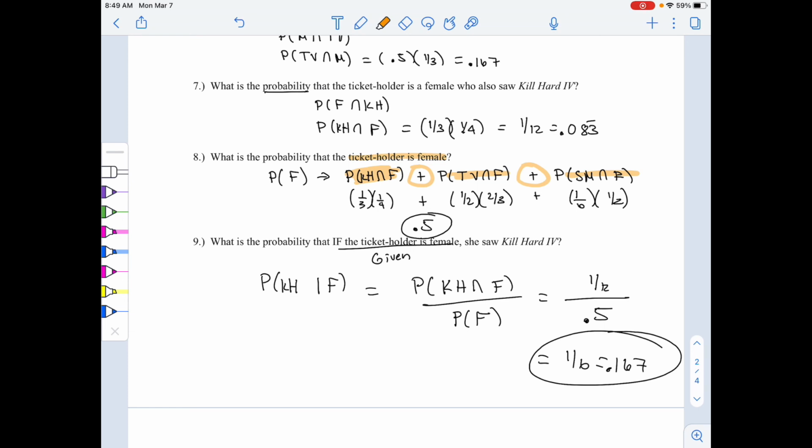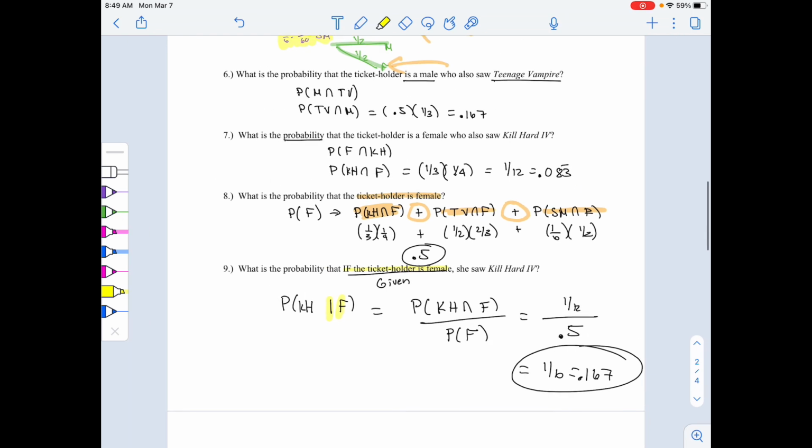So number 9, the last question that I'm going to do with you guys. It says, what is the probability if the ticket holder is female? That's another way to say given. So given that they are female, what is the probability that she saw kill hard? Now we're only allowed to look at the females. So setting up our conditional probability formula, it is the probability of kill hard and female divided by the probability of female.